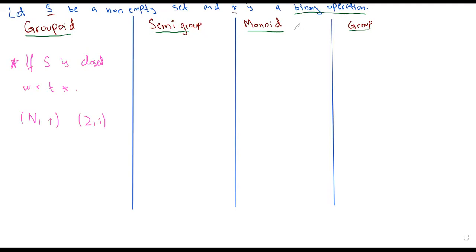Is it okay? Is this okay? And can you please repeat? Okay, a set in which the closure law is accepted, that's the binary operation, right? Okay.